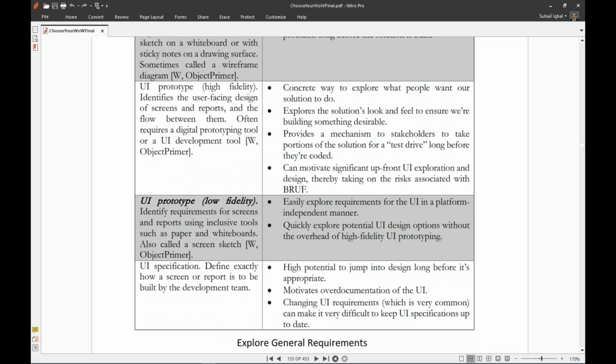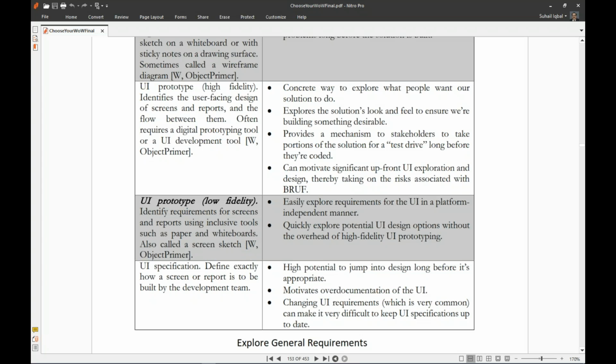Next is prototype, high fidelity. Identifies the user-facing design of screens and reports and the flow between them, often requires a digital prototyping tool, development tool, etc. Concrete way to explore what people want our solution to be. Explores the solution's look and feel to ensure we are building something desirable.